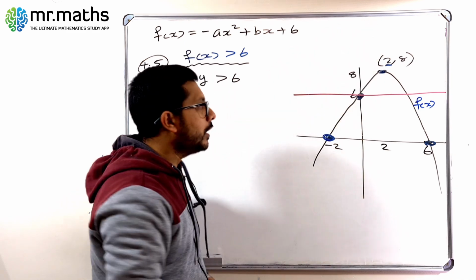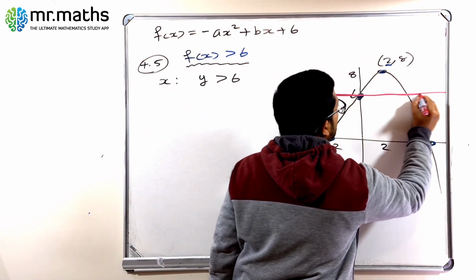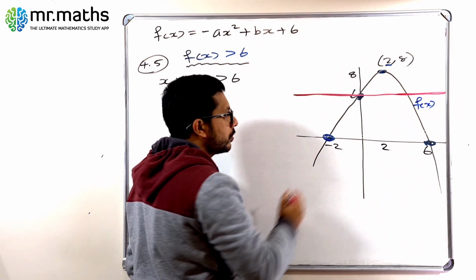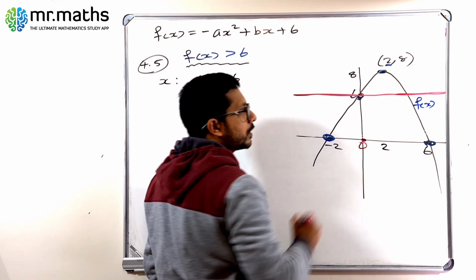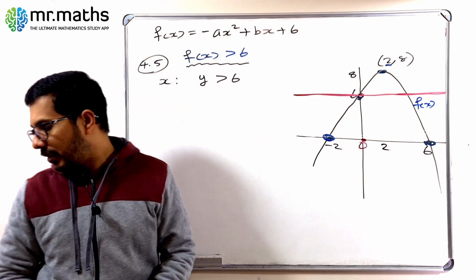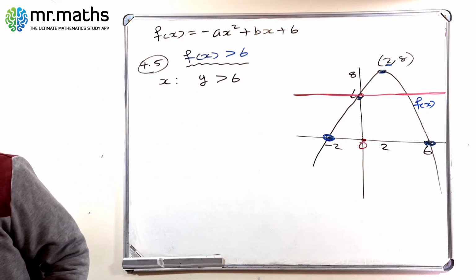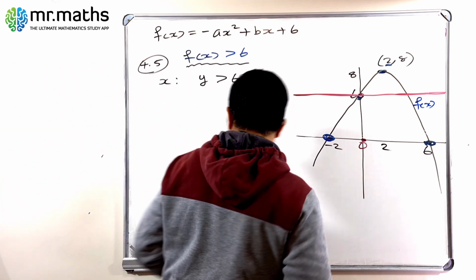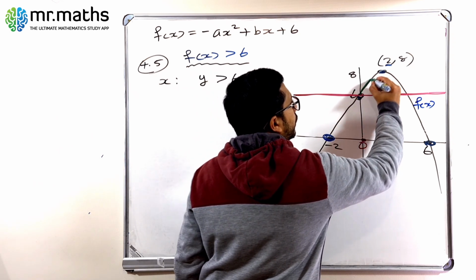So you have to find the values of x where y is greater than 6. At this point, what is the x value? It is 0. Which area is y greater than 6?